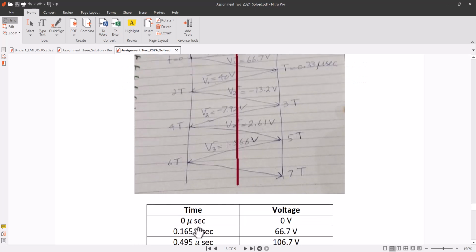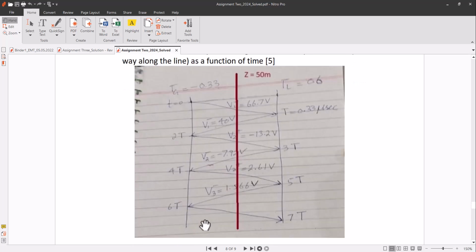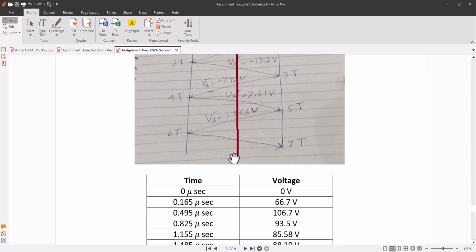So here we have 0 microseconds, then 0.165, that is half of this, and then we add 1T each time: 1.5, 2.5, 3.5, 4.5, 5.5, 6.5. So this is your 0.165.